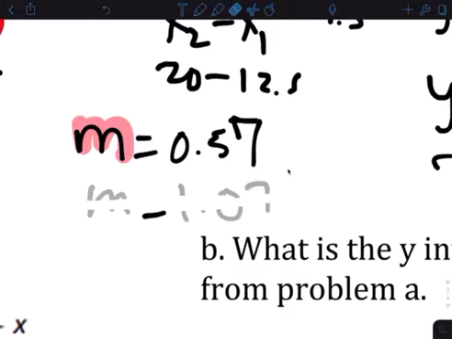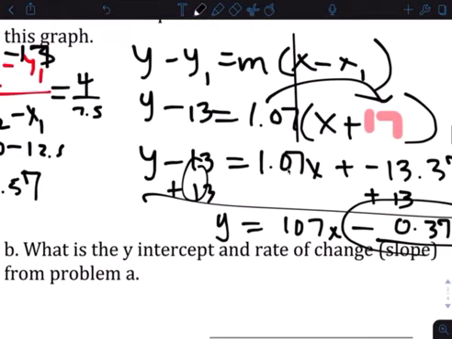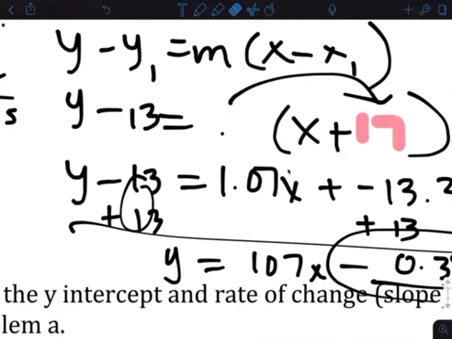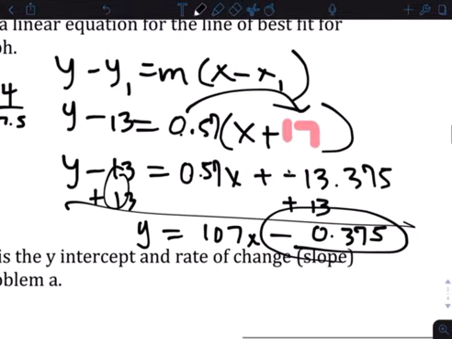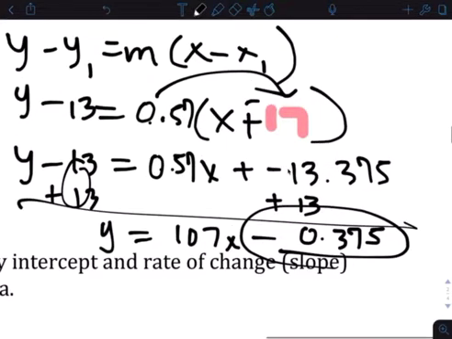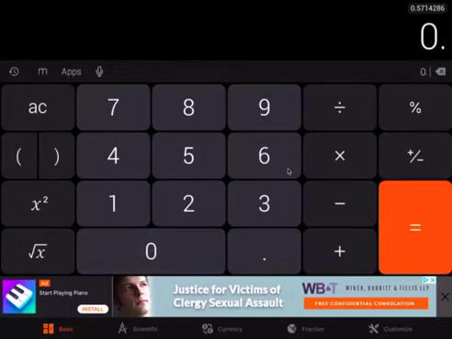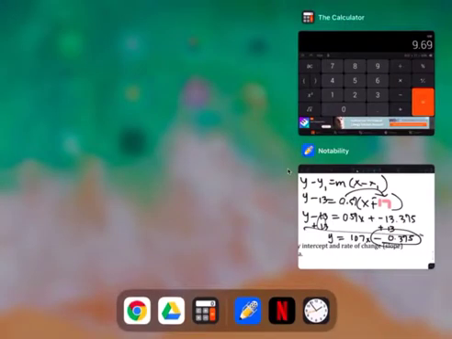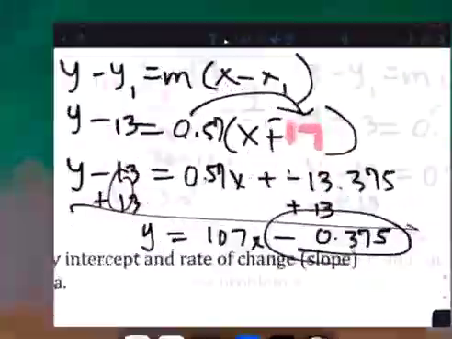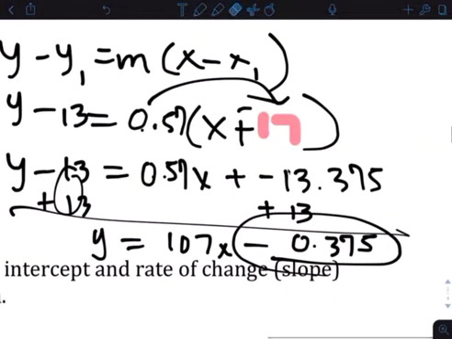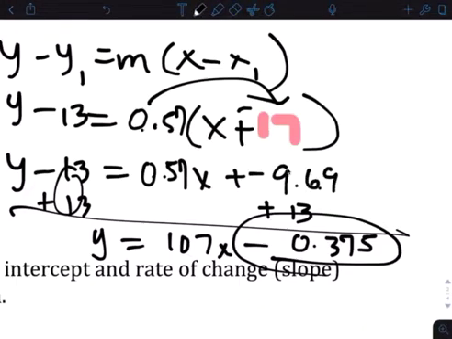And so here you would put 0.57, and this is 0.57, times 17, get 9.69. 9.69, add 13.